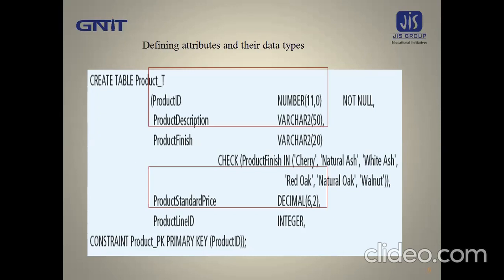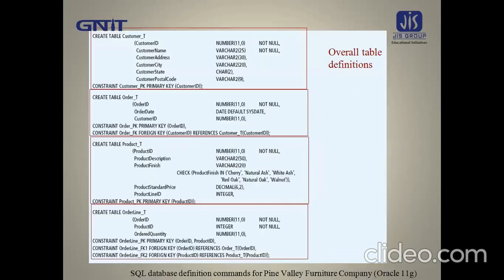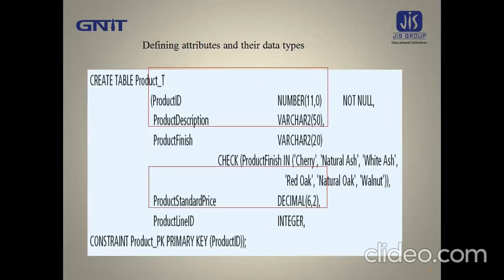So product ID is the primary key of this relation. This is how, from our last example, we put constraints and define data types for relations.